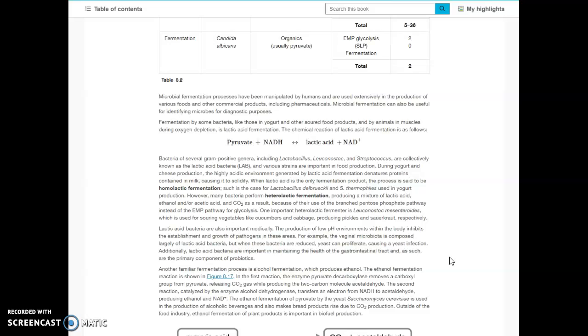So when lactic acid is the only fermentation product, we call that homolactic fermentation. But a lot of bacteria perform what is called heterolactic fermentation, where they can produce lactic acid or acetic acid or ethanol, carbon dioxide. They can produce several different end products.